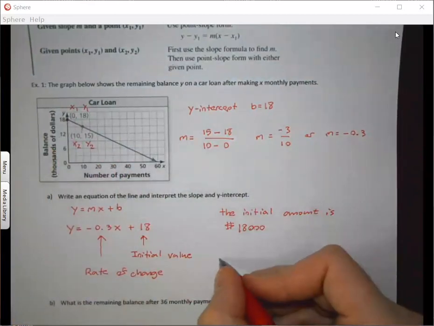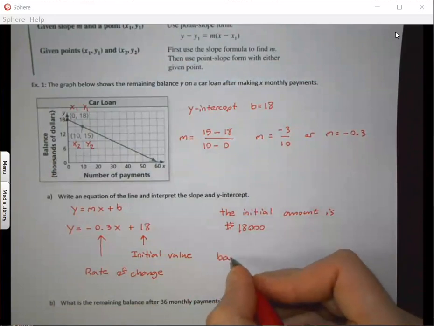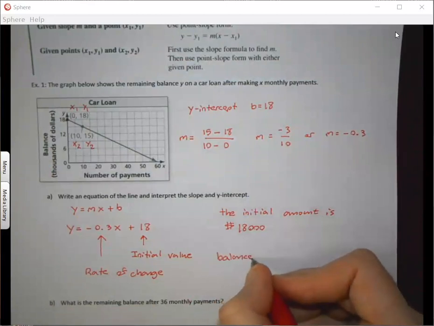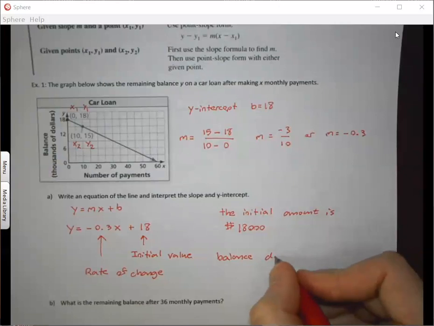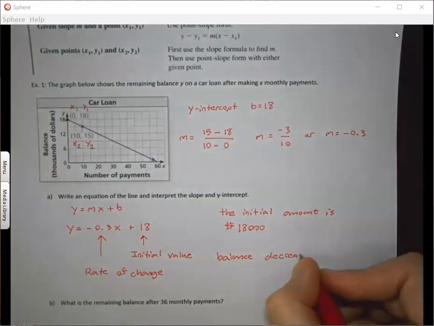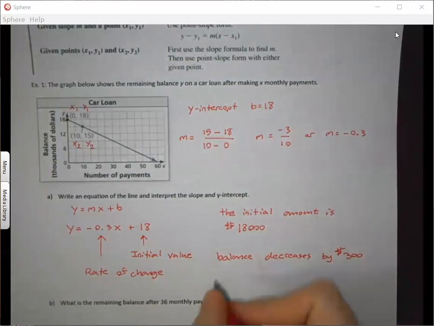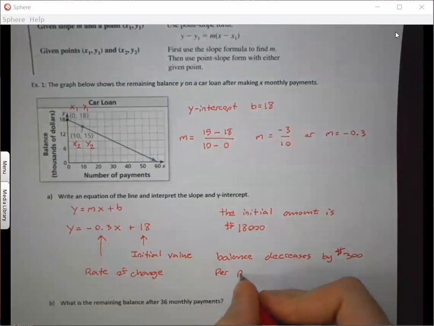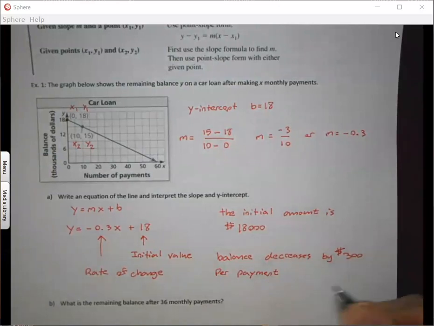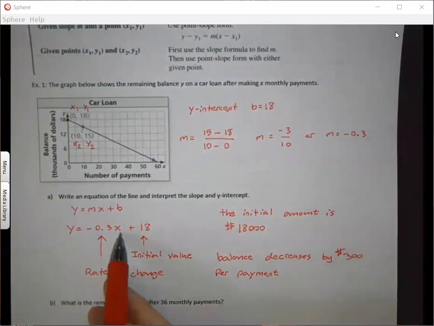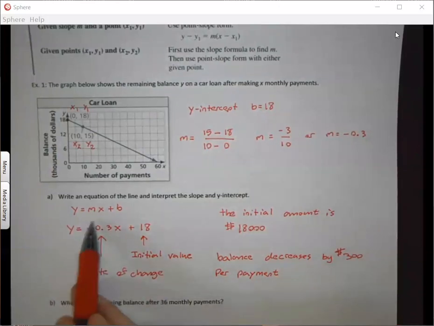Or I can say the balance decreases by $300 per payment. X is the number of payments. Slope tells us how much we reduce for each payment.